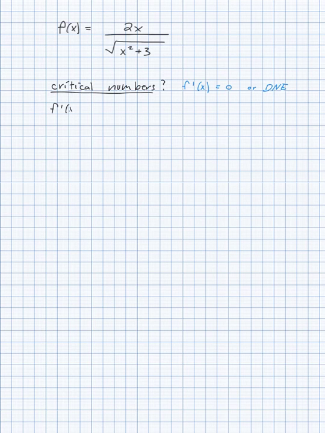So f prime of x is the derivative with respect to x of 2x times, I'm going to bring the denominator into the numerator, and I can do that because 1 over the square root of x squared plus 3 is equivalent to a power of -1/2.